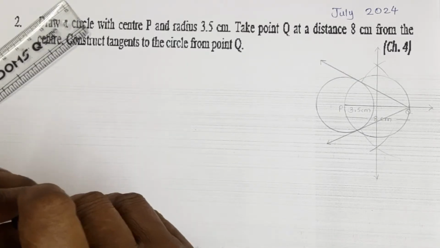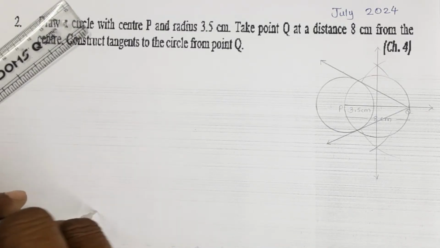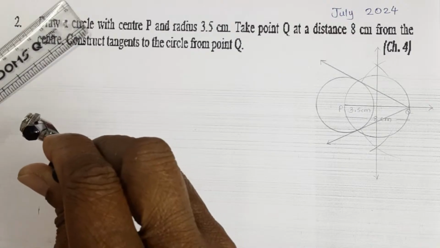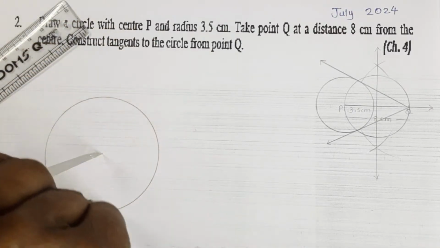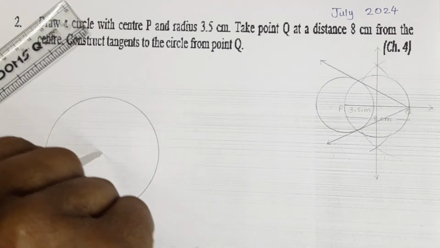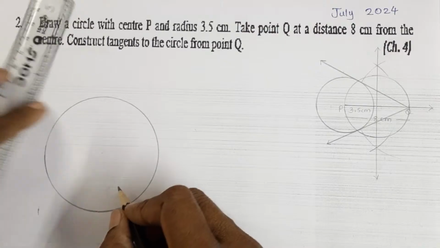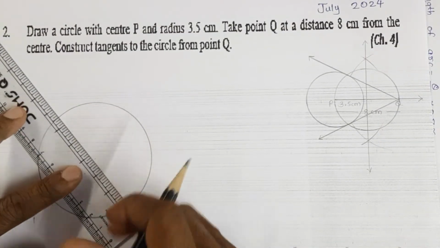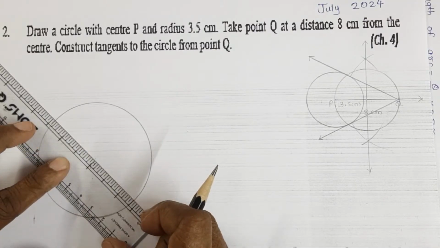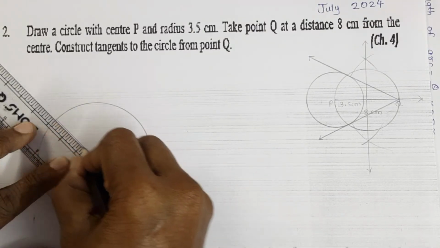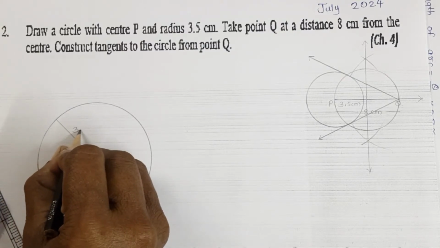These are the 2 points at a distance of 3.5. Yes, so I make here 3.5. Here is the center P, and then draw the radius to show that it is 3.5 centimeter.